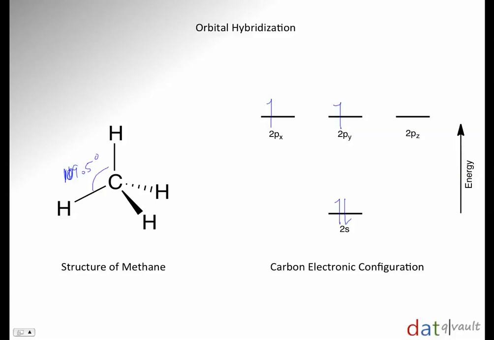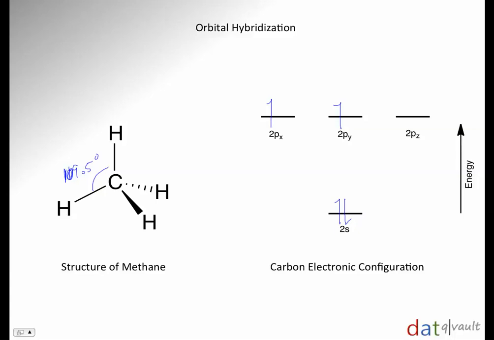There are a couple of discrepancies now between the structure of methane and the electronic configuration around this central carbon. What are the differences? Valence bond theory, which you can review in the lecture on molecular bonding if you don't remember it, tells us that in a chemical bond, in this case between hydrogen and carbon, we need 1 unpaired electron in an orbital of each of these atoms to form a chemical bond.